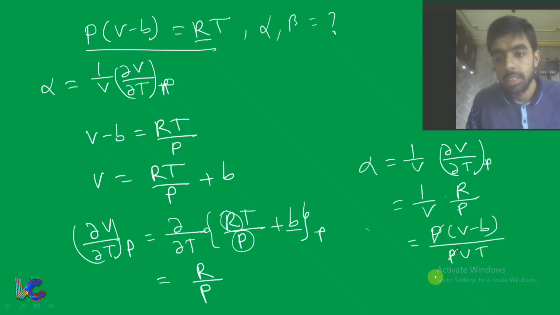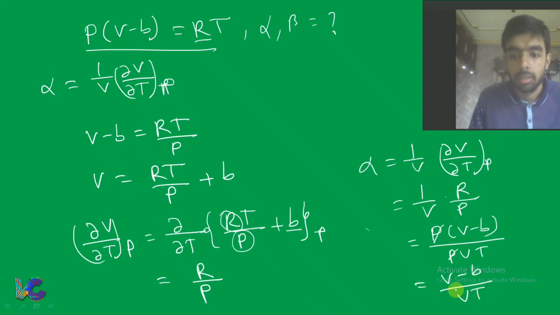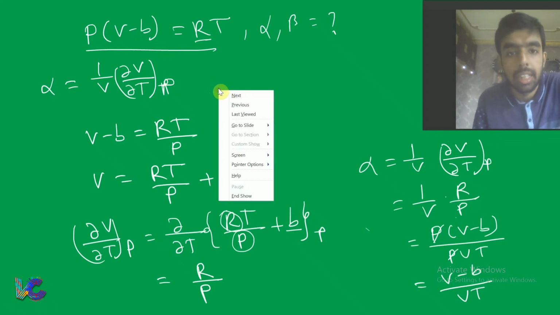As P cancels out, alpha becomes V minus B by VT. Fine. So this is the value of alpha, V minus B by VT, for the gas P into V minus B equal to RT.